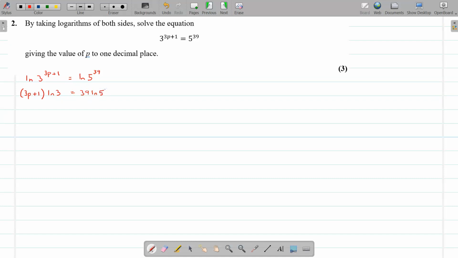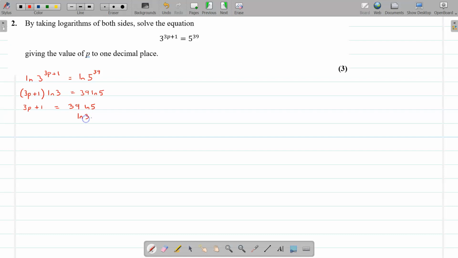Okay, and then I just need to rearrange it and get p on its own ultimately. So I need next to do 3p plus 1 equals 39 log 5. Probably good to leave a small gap there between the 9 and the log, otherwise it looks like 391. Okay, 39 log 5 over log 3.